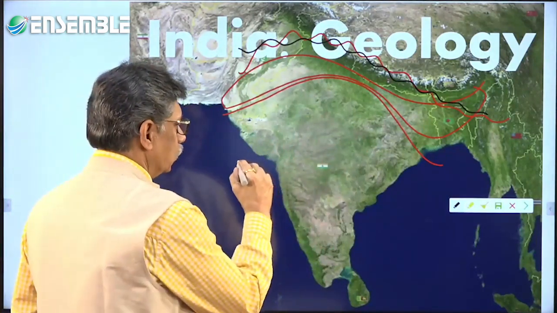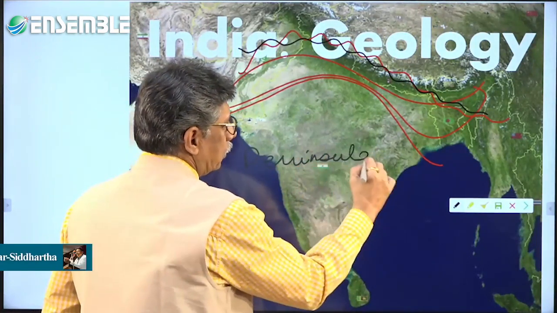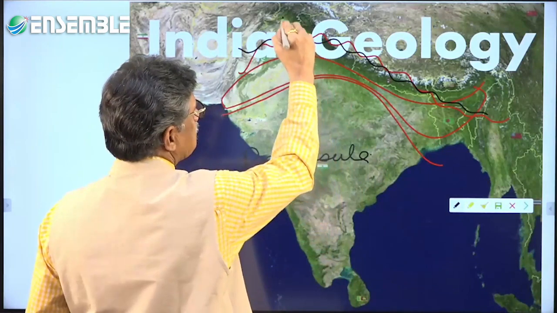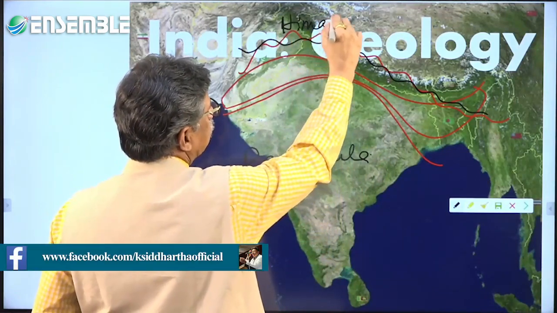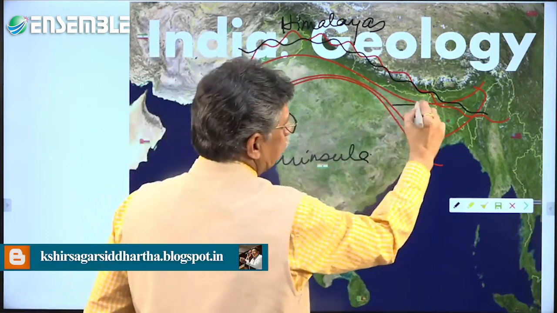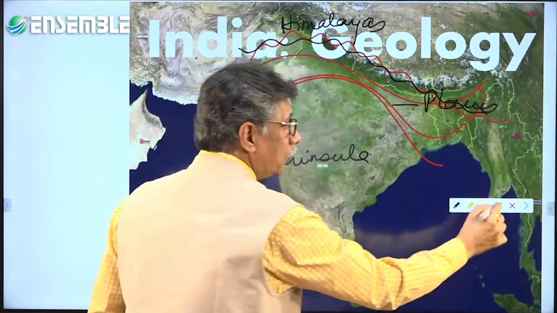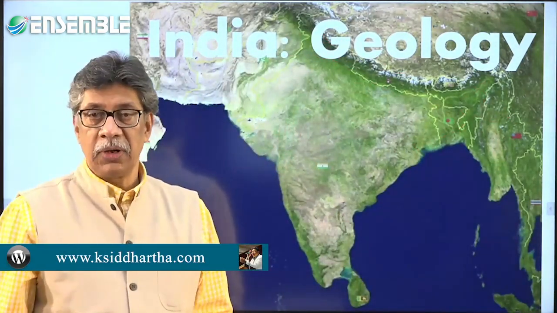That is what we're going to call the peninsula. Then of course the Himalayas that are going to be here, and the last of course is going to be the plains in this case. So all of them went on to form during different periods, and they somehow got themselves joined with each other.